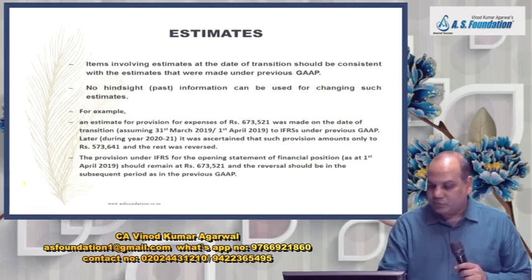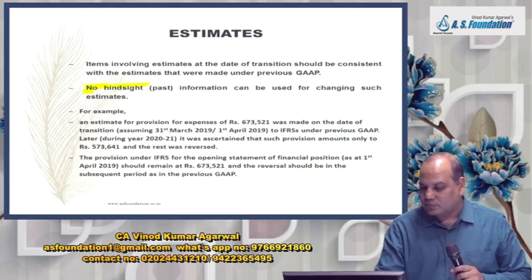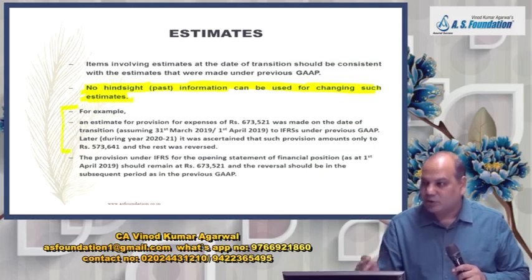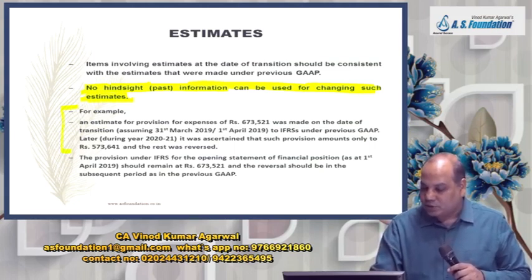Underline this, because this can be part of your case study. Management wants to change the estimate on the date of transition. Like this example can be a part of a case study. An estimate of provision for expense was made at 673,521 on the date of transition.